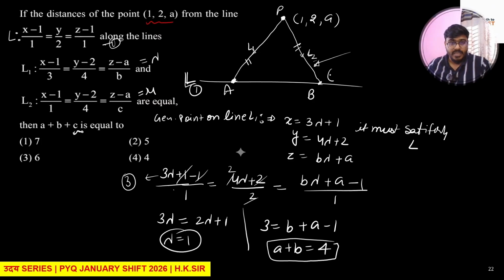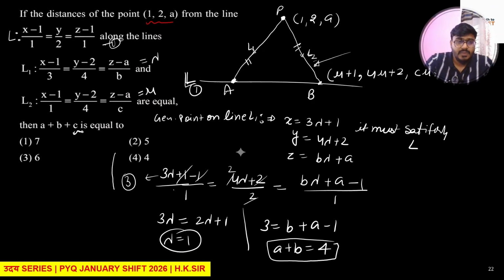So from here you can write x coordinate is μ + 1, y is 4μ + 2, comma, z is cμ + a, and this point must satisfy line L also. So put this point in line L. Next page I am doing. What is line L? (x − 1)/1. At place of x we have to write μ + 1, this one, μ + 1.